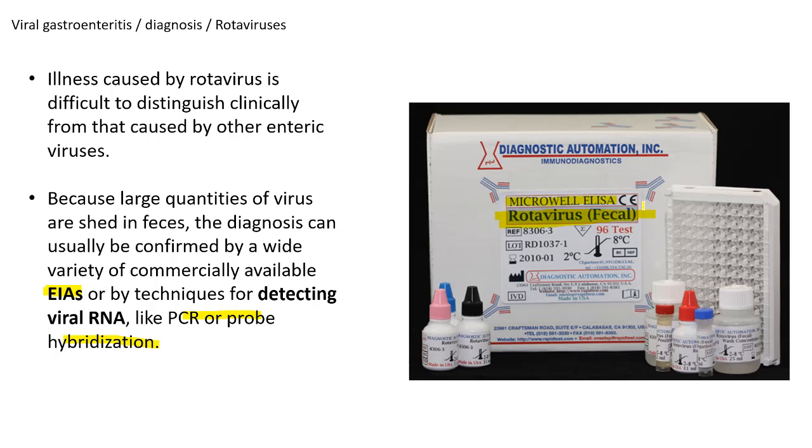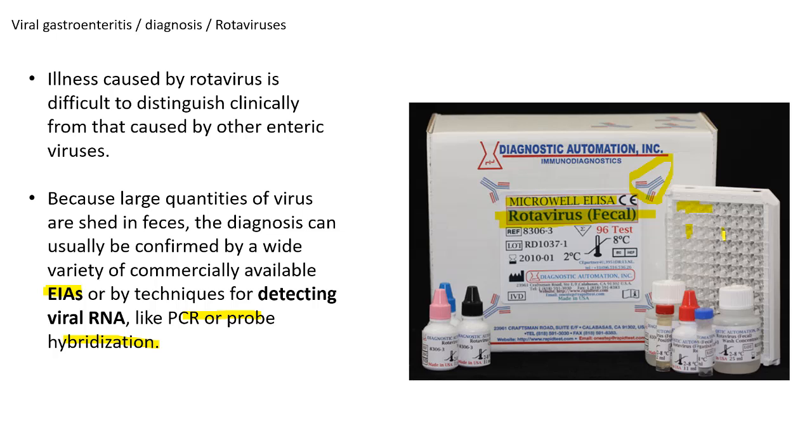So it will probably include adding the stool samples after they have been processed. You add them in those microwells, and then you add the antibodies against the antigens on rotavirus, and then in places where you find a signal, it is probably a case of rotavirus.